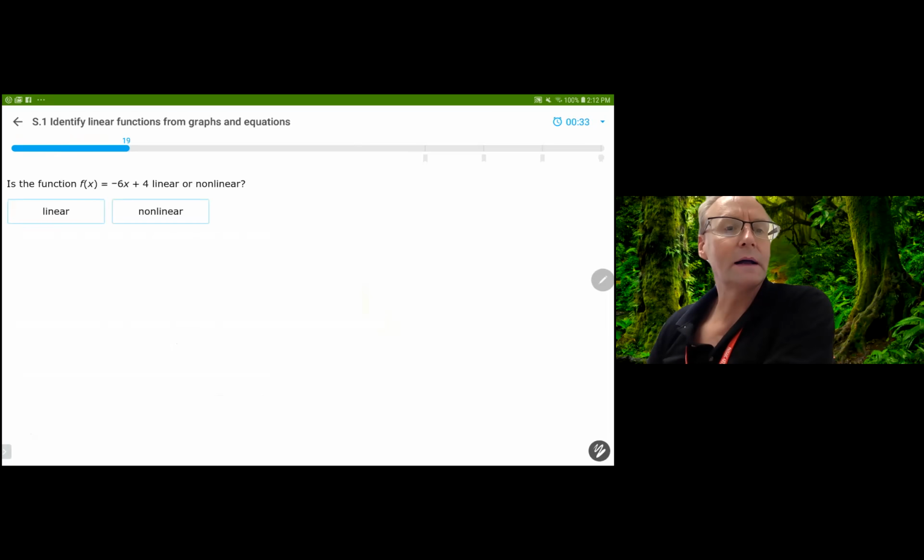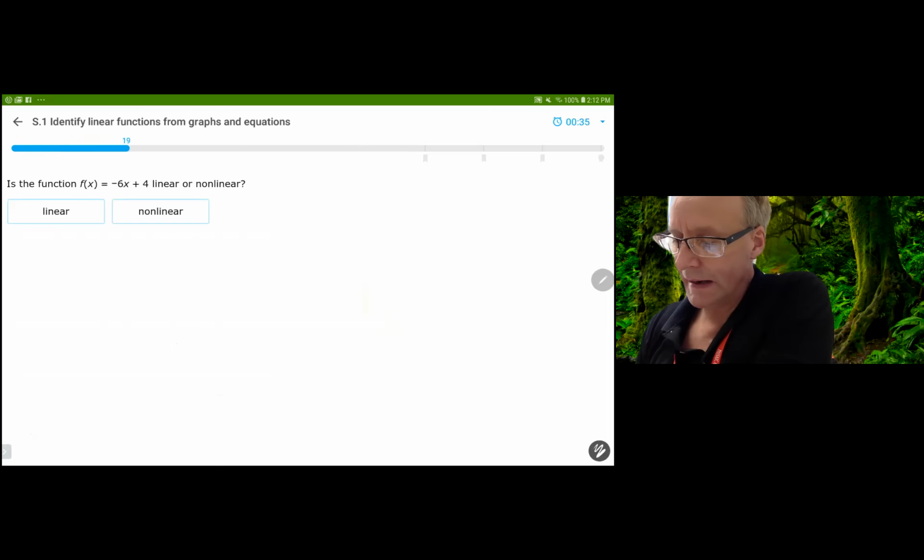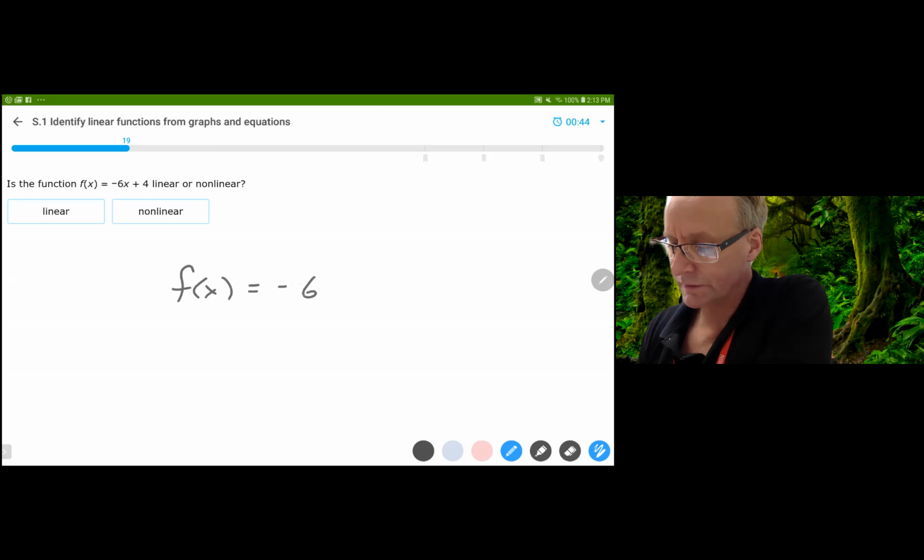And the way you can tell is that anytime you have f of x in f of x notation, this is what's called function notation, and you have a single variable, usually x, to the first power, it is linear. The only real exception to this is when you have f of x equals a constant, like 5.